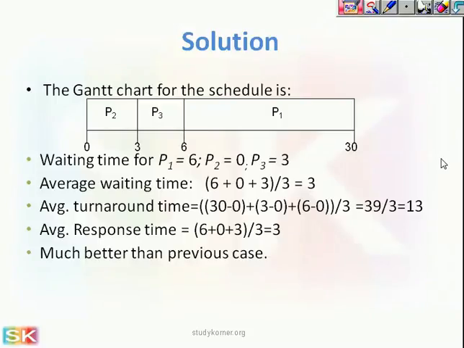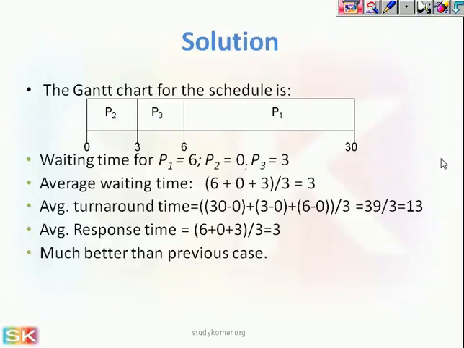So in this case all these 3 parameters have very small values as compared to the previous example. So what can we say? What is the difference between this problem and our last problem?